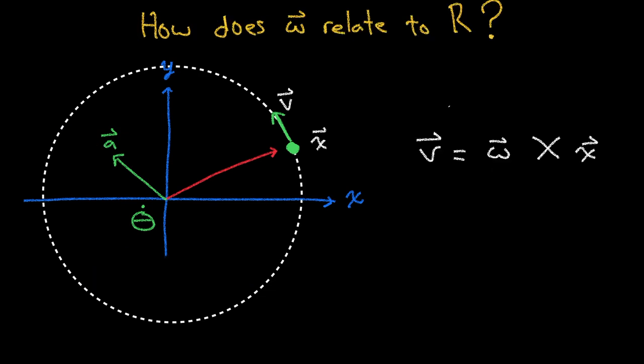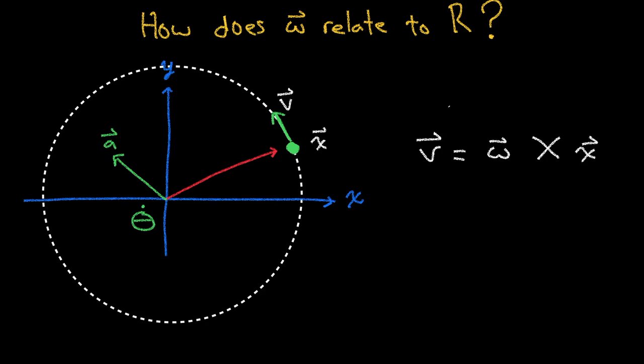And we're going to ask ourselves, how does omega relate to our rotation matrix R? So I've rewritten the velocity formula for the point x in a very concise form here using omega. It's just omega cross the position vector x.